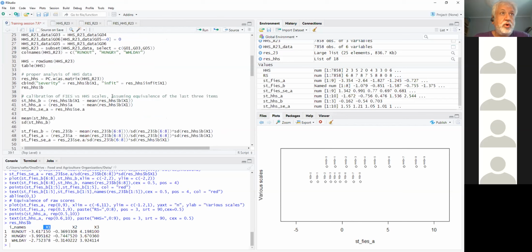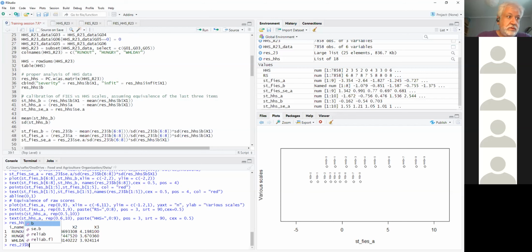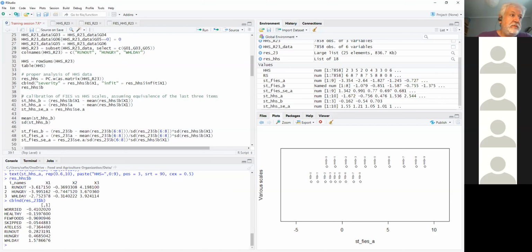Then, to conduct the equivalence, of course, I cannot compare numbers like minus 3.9, minus 3.6, and minus 2.75 with, let's pull out the parameter of the Rasch model, the original parameter, and this would be 0.28, 0.46, and 1.47.